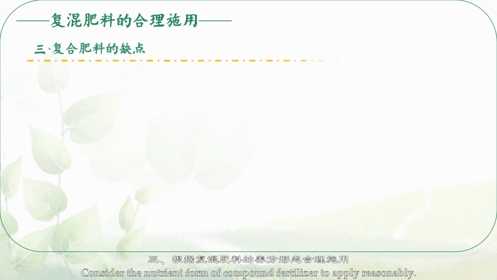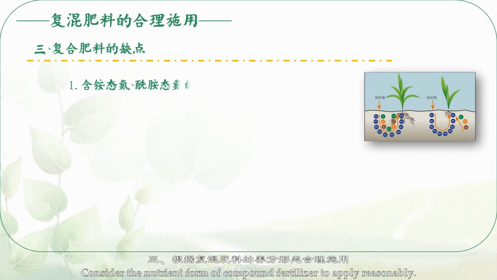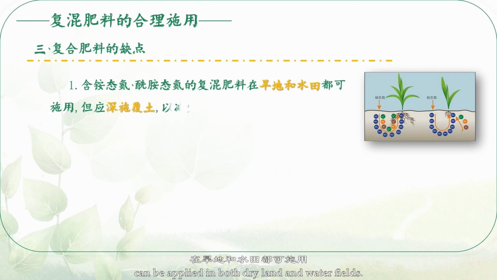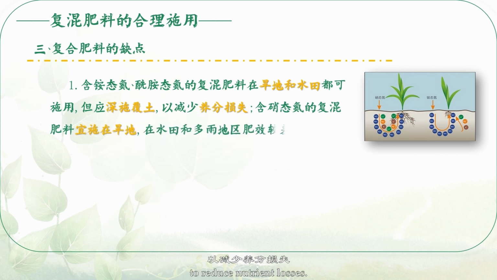Third, consider the nutrient form of compound fertilizer to apply reasonably. Compound fertilizer with ammonium nitrogen, amide nitrogen, can be applied in both dry land and water fields, but it should be applied deeply to cover the soil to reduce nutrient losses.